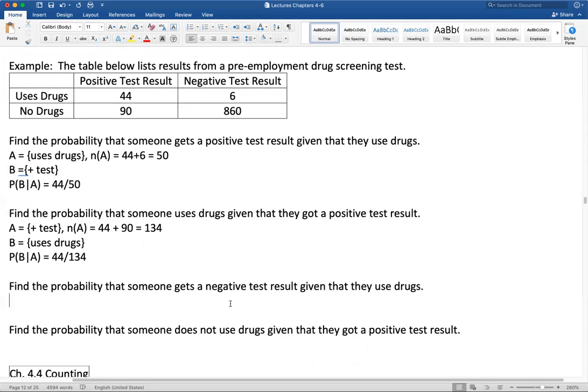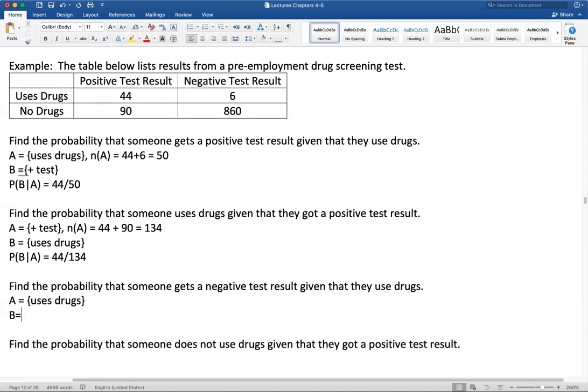Okay. So now the next problem, find the probability that someone gets a negative test result given that they use drug. So let's say event A is they use drug, and B is going to be a negative test result. By the way, how many people use drug?